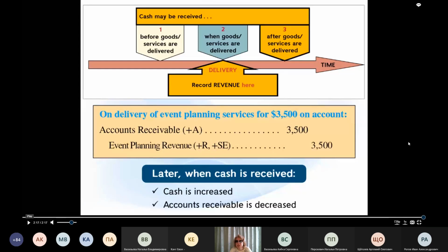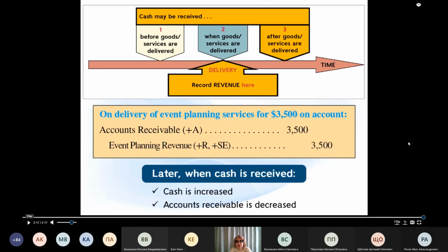Cash may be received before the fact of delivery, in a moment, and after. So we have three possible outcomes, and for each type of outcome, we should make the following records.